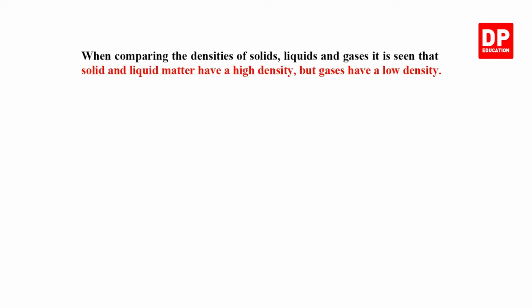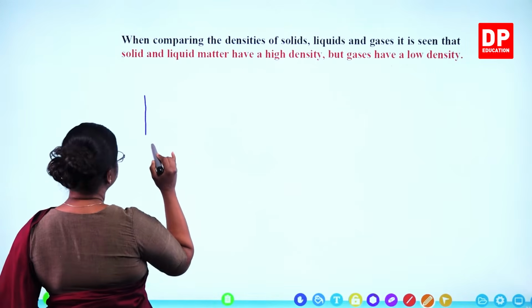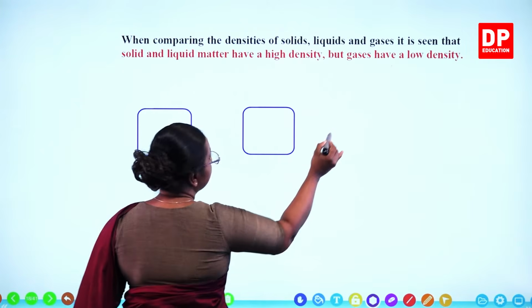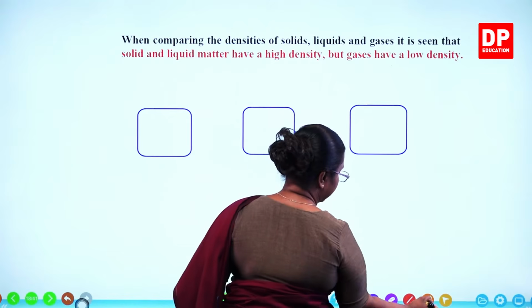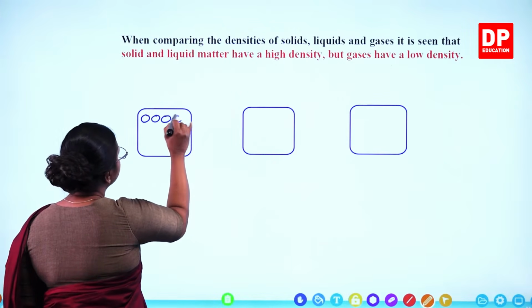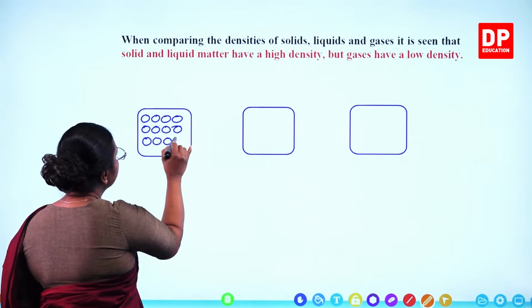When comparing the densities of solids, liquids and gases, it is seen that solid and liquid matter have a high density, but gases have a low density. Again, this is related to their particle arrangement. If we take a solid, a liquid and a gas, you have seen, students, that in a solid the particles are arranged in an organized manner, orderly arranged.